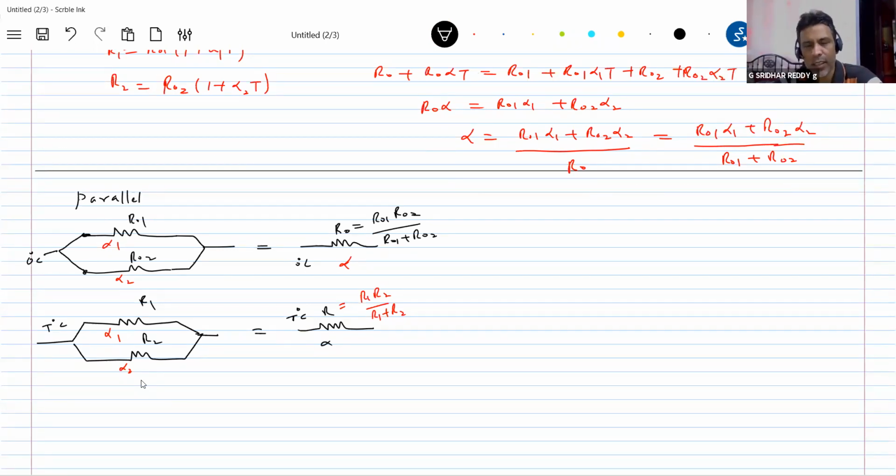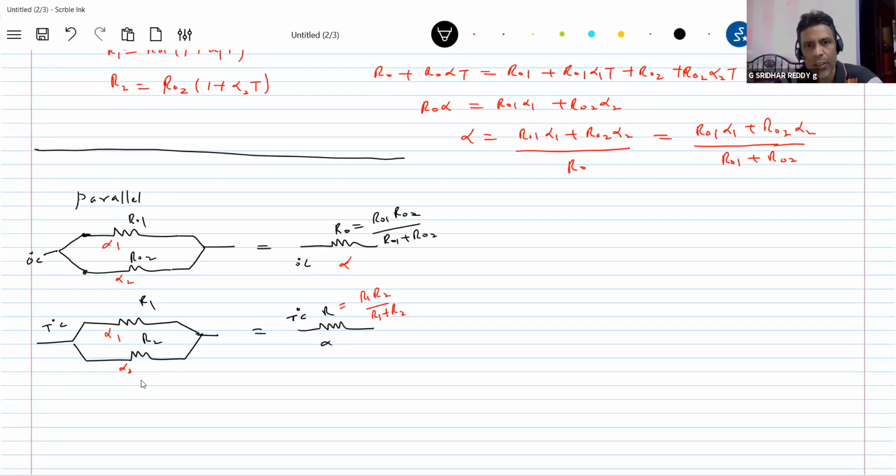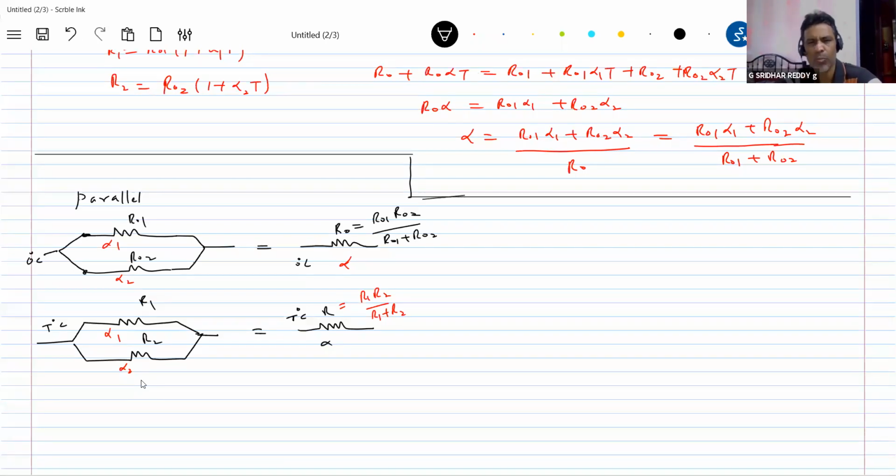This may look very easy for you, but check the advanced paper. They give some importance to this also. It's a very small topic, just 3-4 formulas, but in the advanced paper they give priority to it.